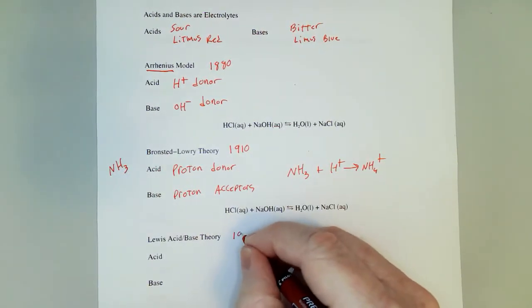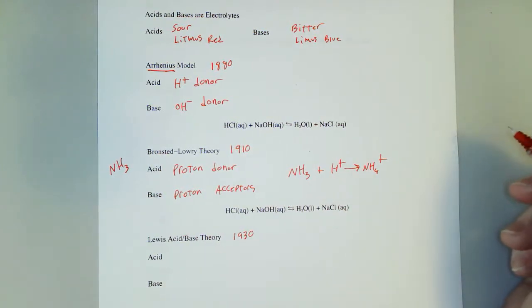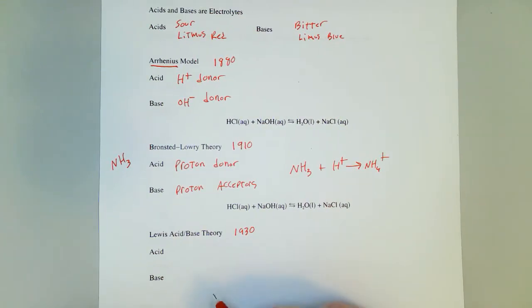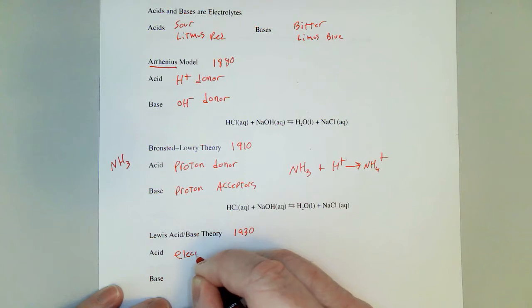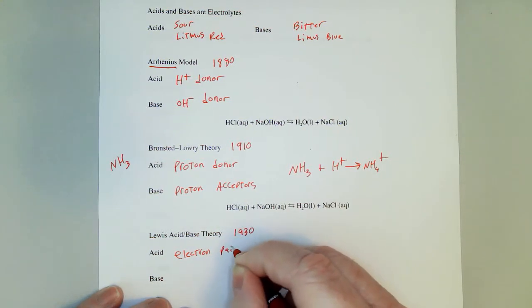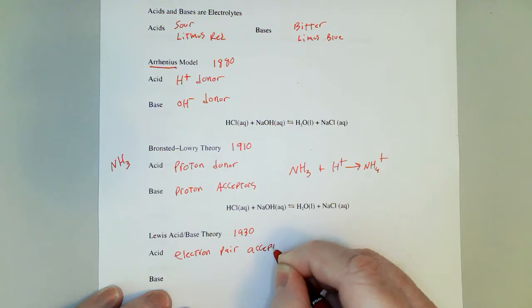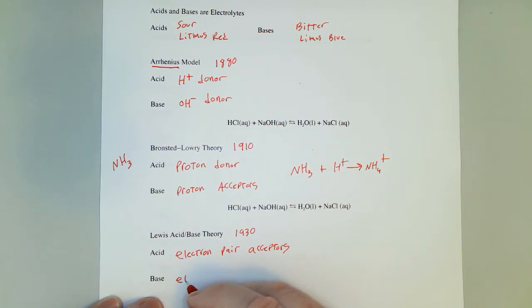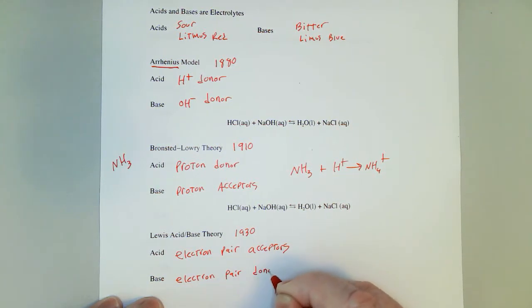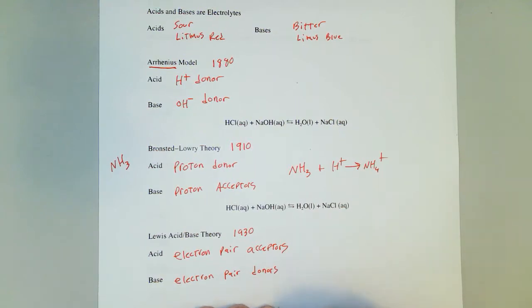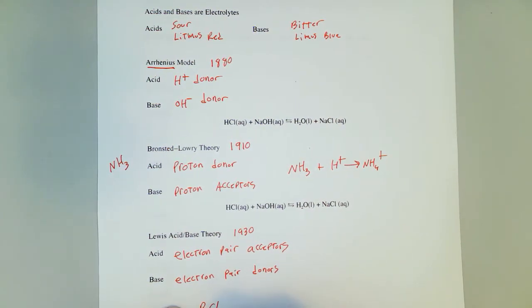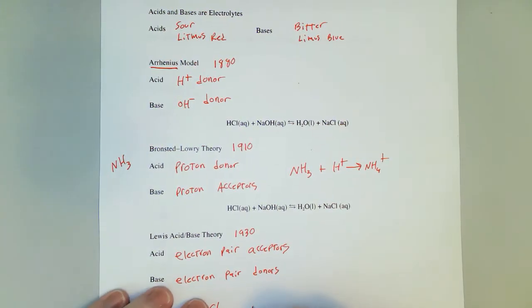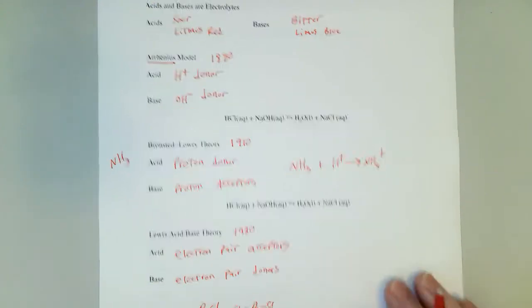Now in the 1930s up at Berkeley, Lewis and primarily his graduate student, Glenn Seaborg, came up with a completely different model. Acids are electron pair acceptors, and bases would be electron pair donors. And this was primarily because of BCl3. Boron, chlorine, chlorine, chlorine, no lone pair, less than an octet.